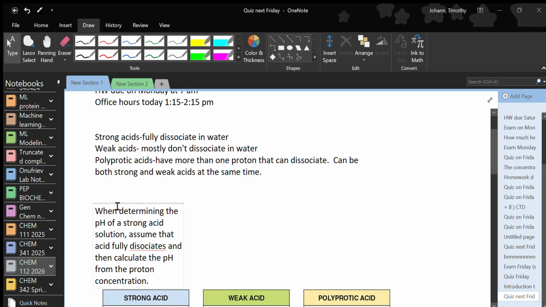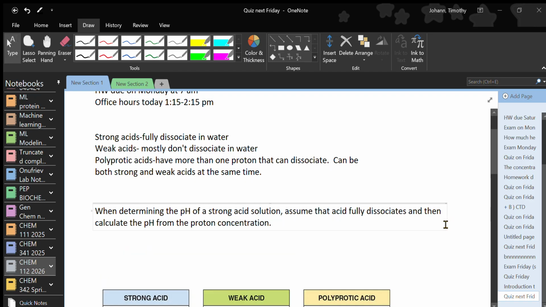So we're going to assume that it fully dissociates, and then we're just going to calculate the pH from the proton concentration, which is what we're going to do every time. I'm going to say proton here because then I don't need to do a superscript.